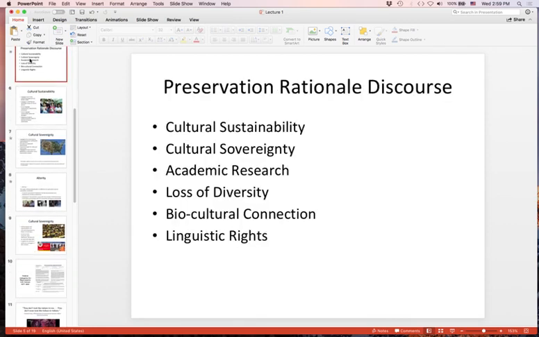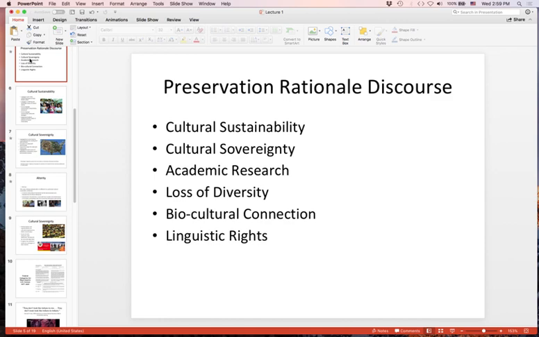And we've looked at how some of the rationale for preservation relates both to cultural sustainability as a discipline, and to the continuity of cultural traditions.